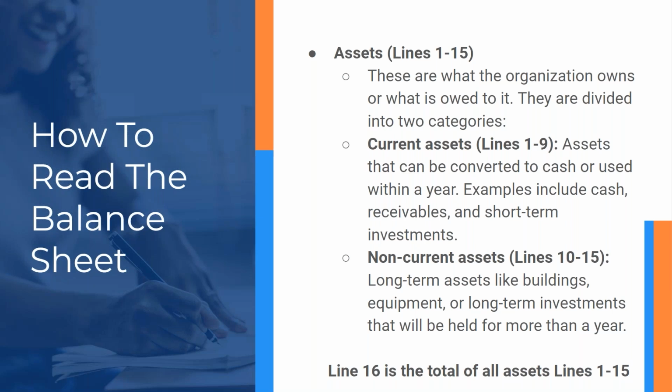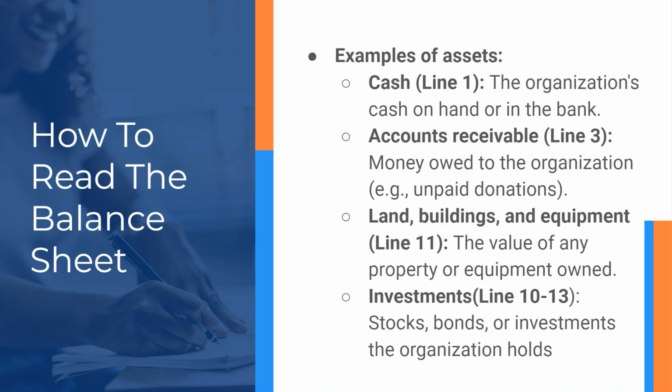We have non-current assets reported on lines 10 through 15, which are long-term assets like buildings, equipment, or long-term investments that will be held for more than a year. Line 16 will be the combined total of all reported assets from lines 1 through 15.